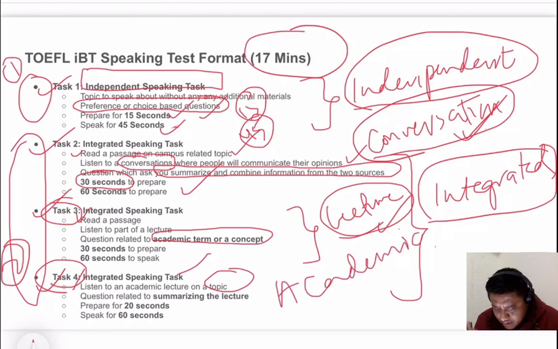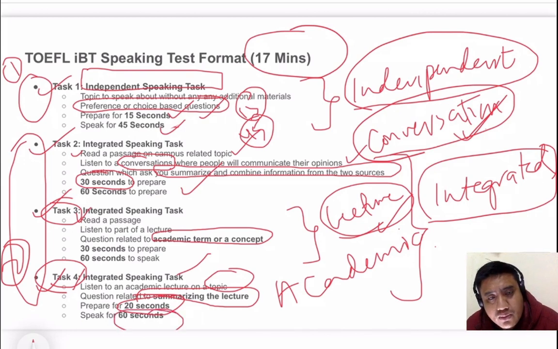Once you have finished listening to the lecture, they'll ask you a specific question, and usually the task is to summarize the lecture. Then you get 20 seconds to prepare, and then you speak for 60 seconds. So that is how task 4 goes.